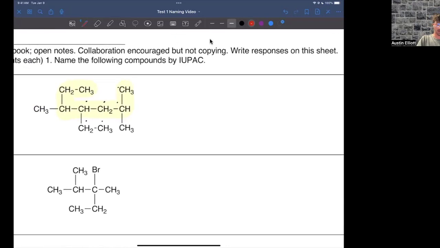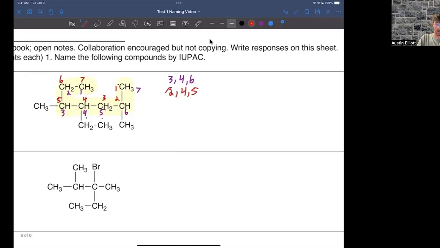So with that, we're going to number. We're going to have 1, 2, 3, 4, 5, 6, 7, and then 1, 2, 3, 4, 5, 6, 7. So we have a 3, 4, 6 system, and then we also have a 2, 4, 5 system.